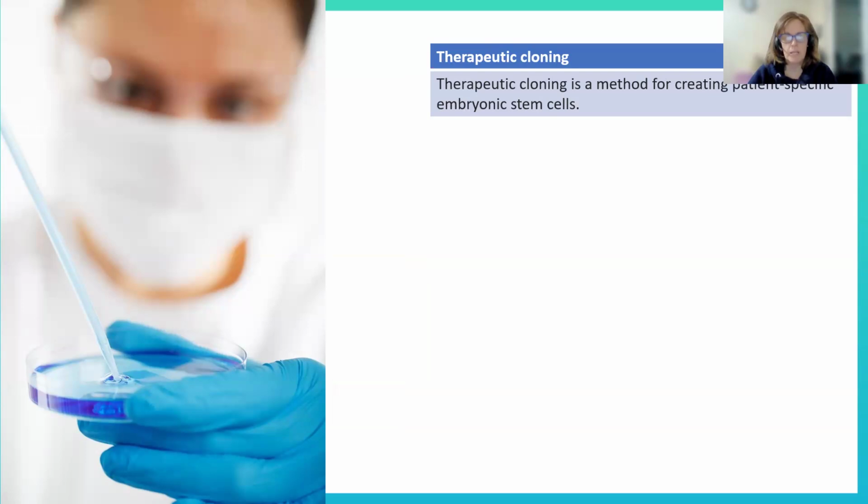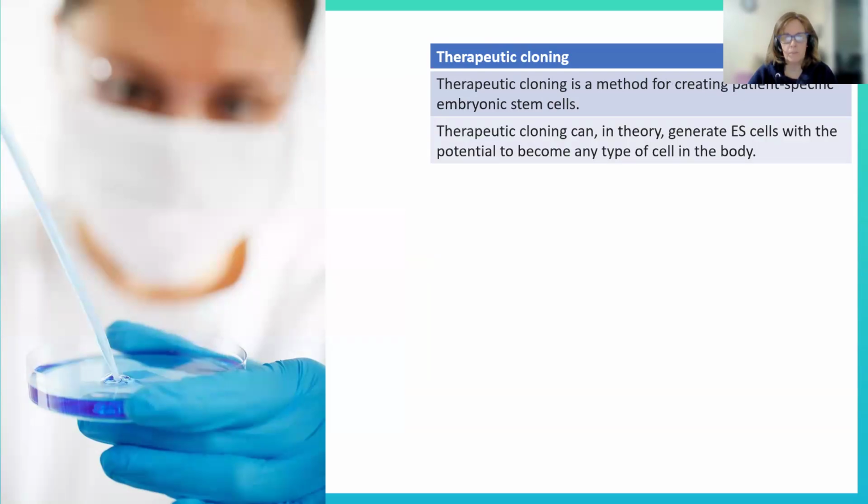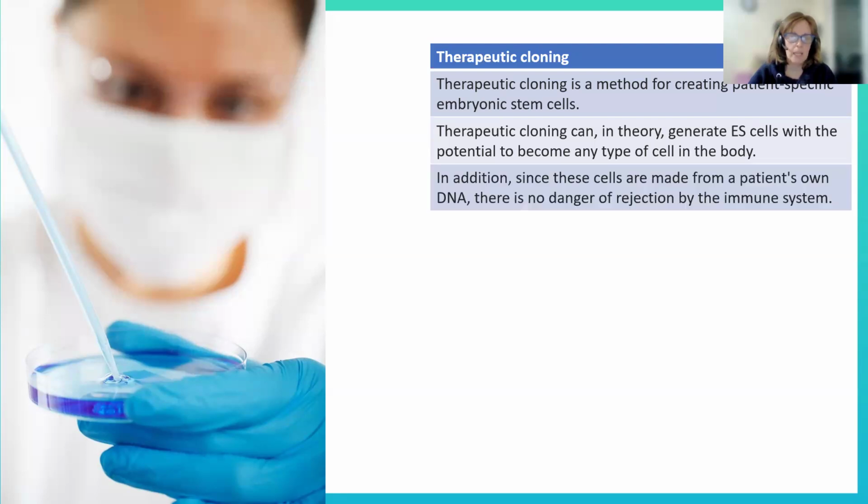However, therapeutic cloning could have huge advantages, as we've said, because of the very patient-specific use of stem cells. What we could potentially do, in theory, is generate embryonic stem cells with the potential to become any type of cell in the body, and do this by reprogramming cells from our own bodies to send them back to that embryonic state.